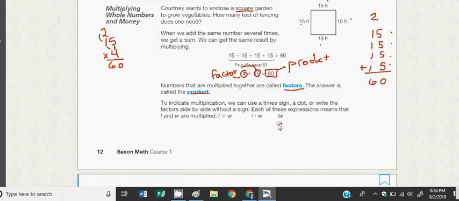Now, if you do that with numbers, what's the problem with doing this means 5 times 4? I just stuck the numbers next to each other. Because it looks an awful lot like 54, which is not the same thing. So when you're actually going to use a number, you're going to use a parenthesis if you ever want to just stick them next to each other. You can't ever really truly put them just next to each other. That's why I like the dot. It's pretty quick.